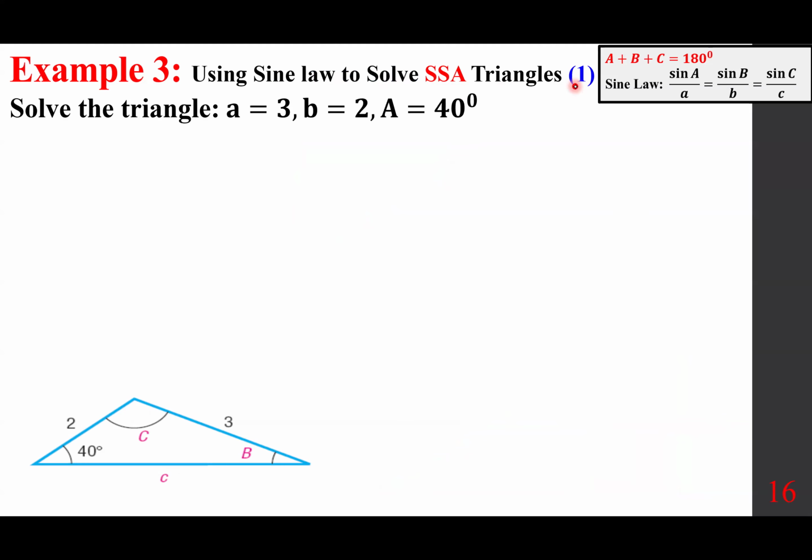Lowercase a is 3, lowercase b is 2, and capital A is 40 degrees. Let me put capital A here, and capital B, and this is C. Those are the vertices, okay?